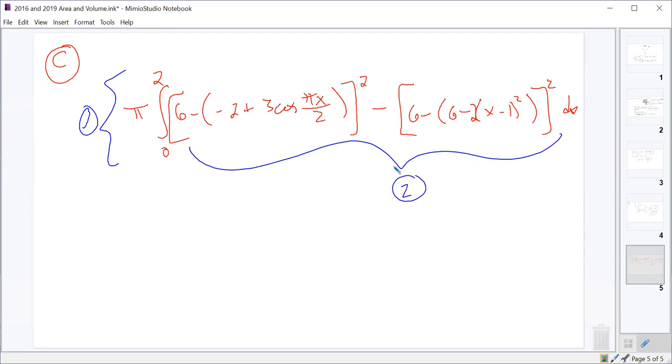It's a little unclear. It says in their scoring guide, 1 point for the form of the integrand and 1 point for the integrand. So I think they'd give you a point if you tried to do some sort of radius something squared minus some sort of other radius something squared.